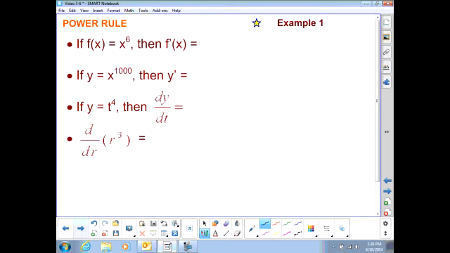So if you had x to the 6th, the 6 multiplies with the 1 out front, and we'll now have x to the 5th. If you had x to the 1,000, the 1,000 multiplies the 1 that is really in front of the x, and you get 1,000 x to the 999.